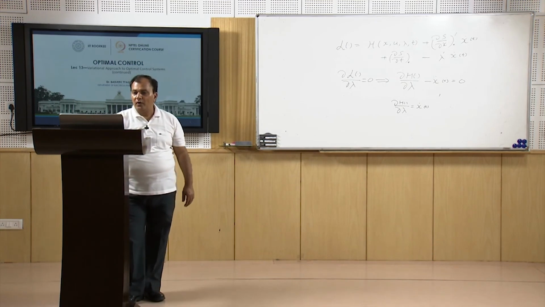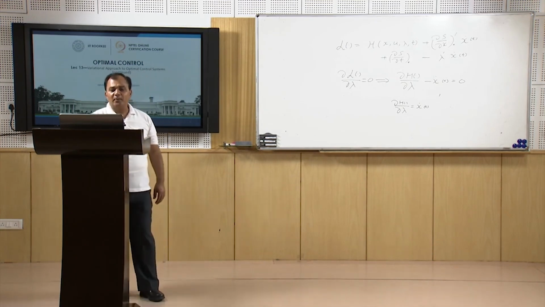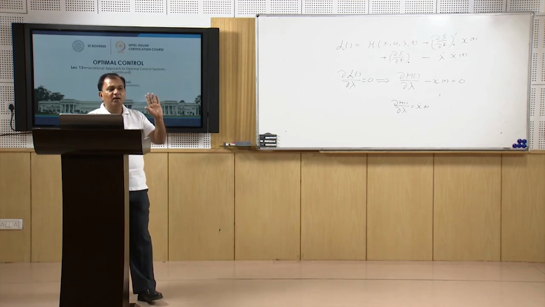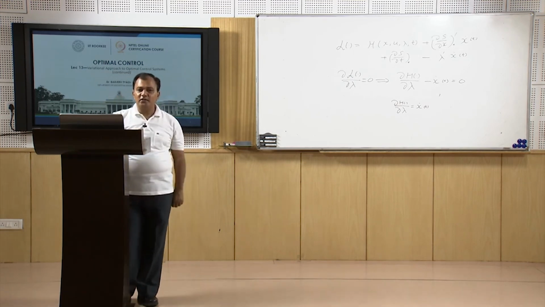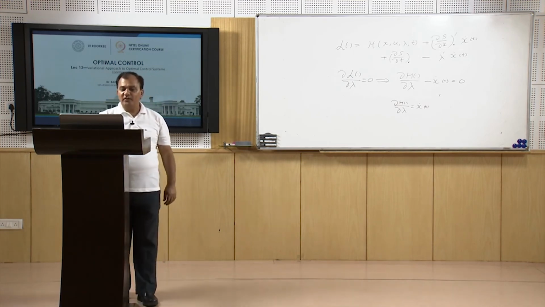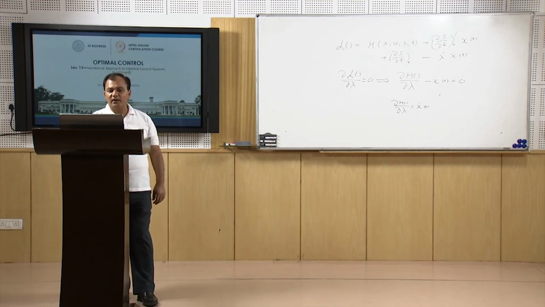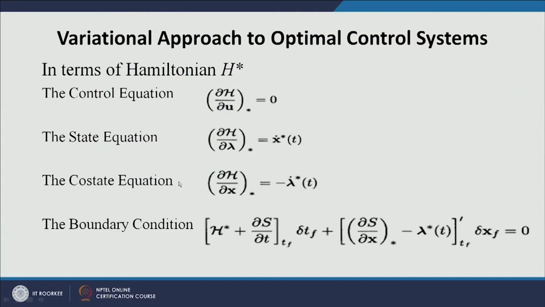So, we can have different types of systems based on the terminal condition. These cases we can consider as, number 1, the fixed final time and the fixed final state.